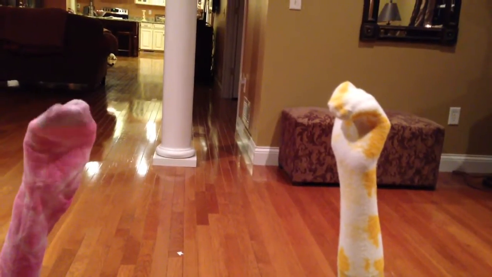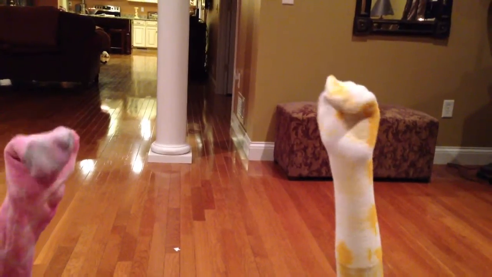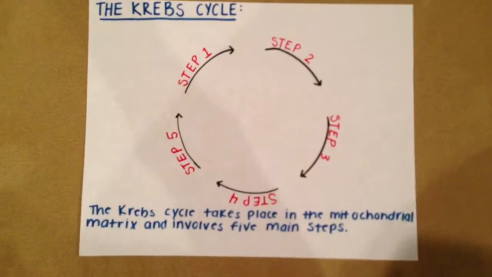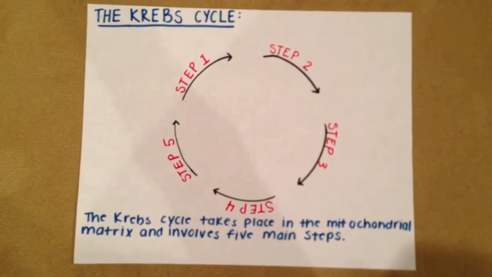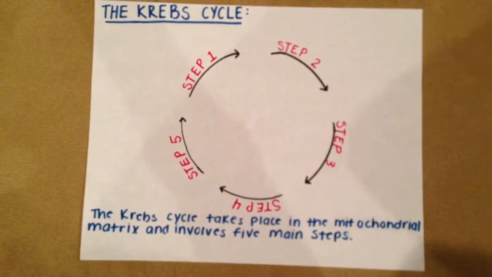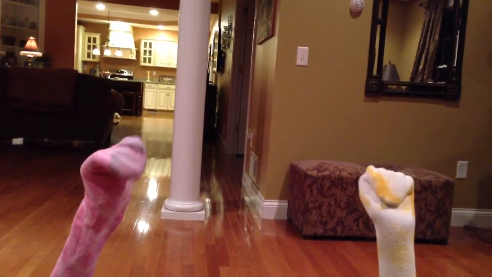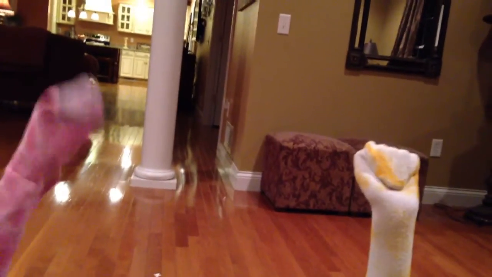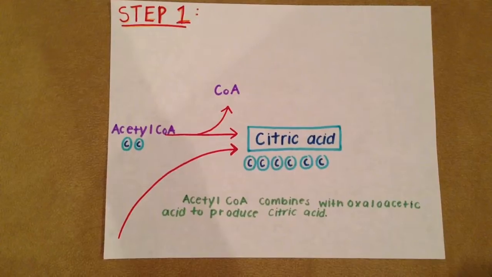The Krebs cycle takes place in the mitochondrial matrix and involves 5 main steps. Step 1. A carbon molecule of acetyl coenzyme A combines with a 4-carbon compound, oxaloacetic acid, to produce a 6-carbon compound, citric acid.